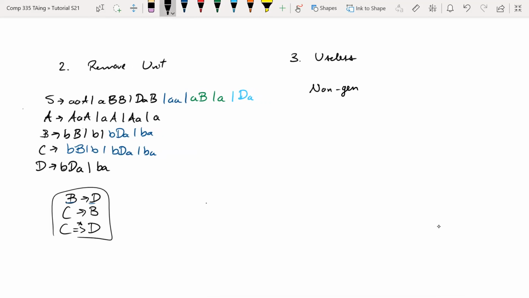Silence means no. Okay, silence is good. So no, there are no non-generating variables, because in each case, for instance, S can give me A, B can give me BA, C can give me BA, and D can give me BA. So they're all generating. What about unreachable?